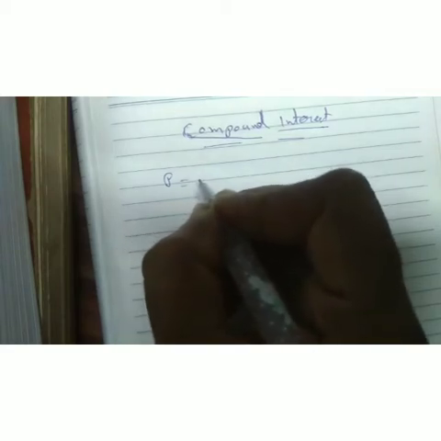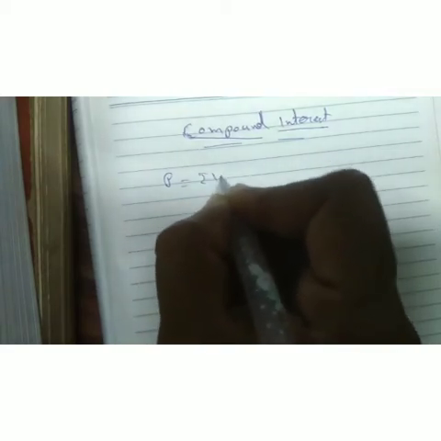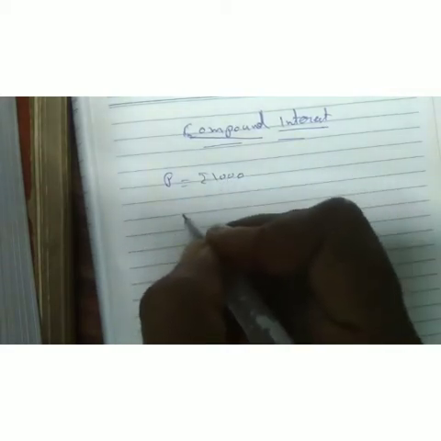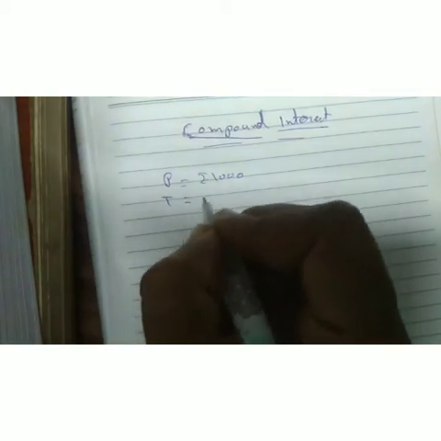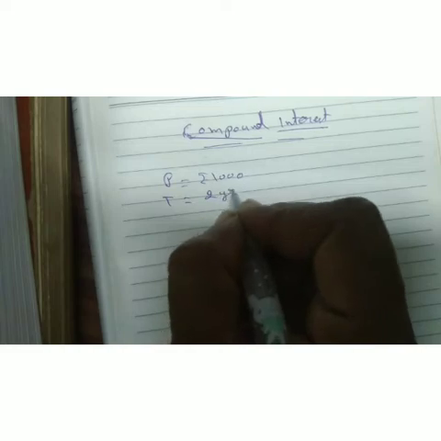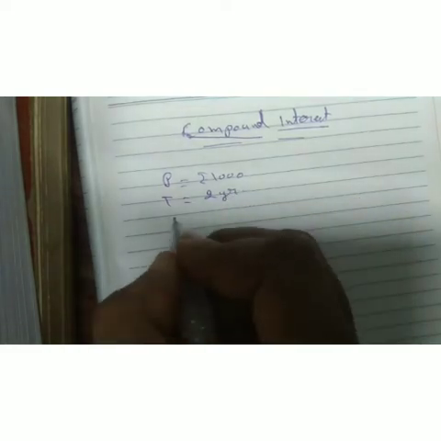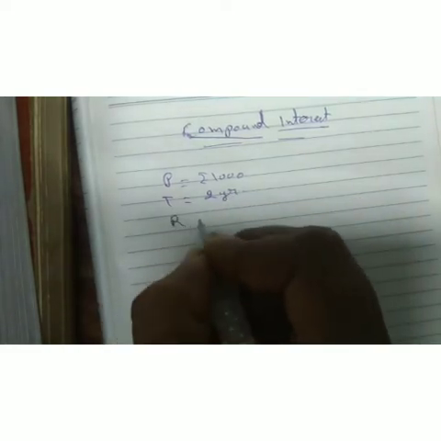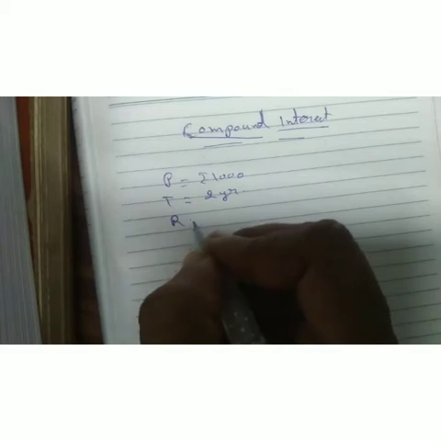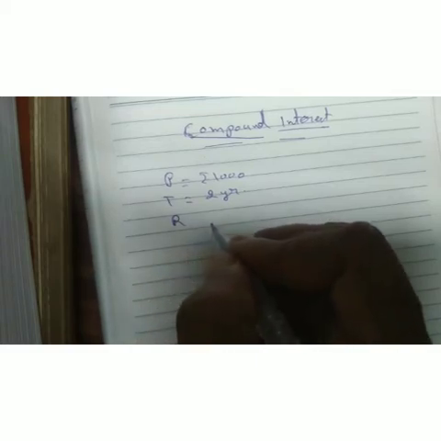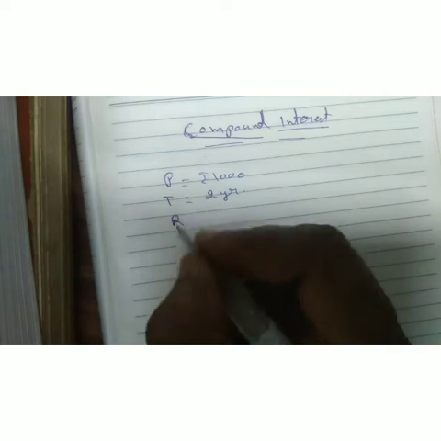Here I will take one example where principal is equal to rupees 1000, time period is 2 years. Rate of interest, as we calculate in simple interest, here also the same terms.